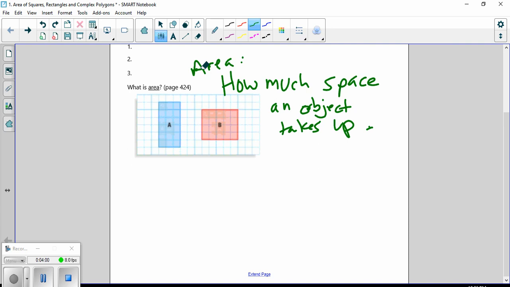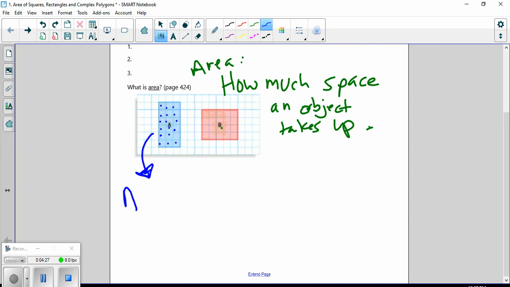So in this first example here, you have 2 figures, figure A and figure B, and they want you to find the areas of each of those figures. So for figure A, one way to find the area is just to count up each of the little blue squares inside that rectangle. So we would count 1, 2, 3, 4, 5, 6, 7, 8, 9, 10, 11, 12, 13, 14, 15, 16, 17, 18.